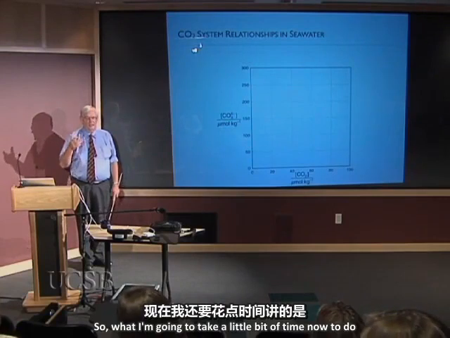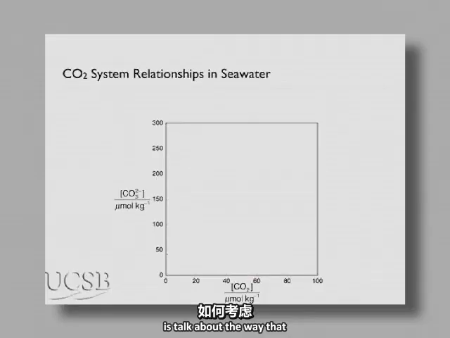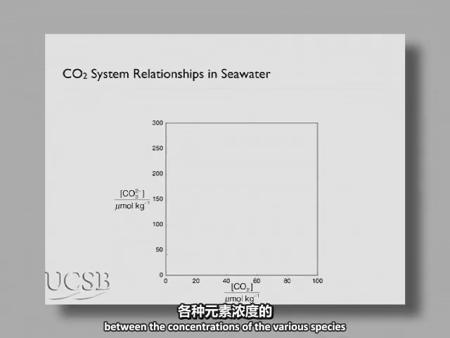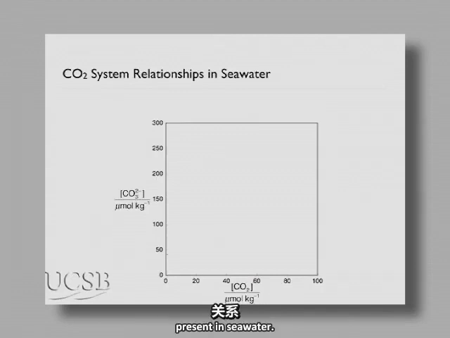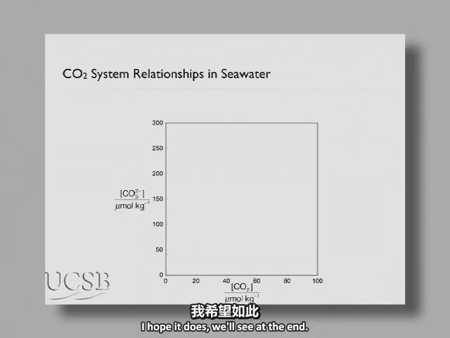So what I'm going to take a little bit of time now to do is talk about the way that you can think about the relationships between the concentrations of the various species present in seawater in a way that may make sense to you. I hope it does. We'll see at the end.